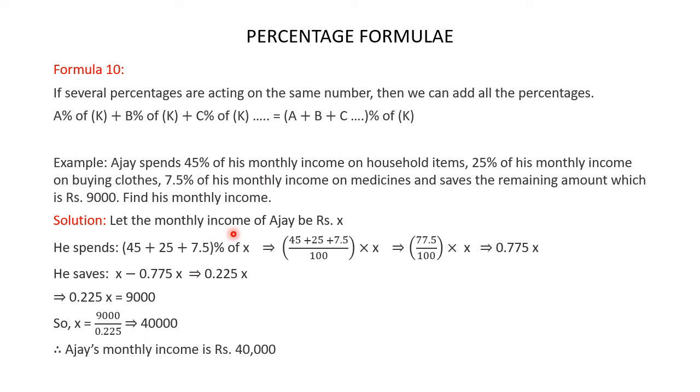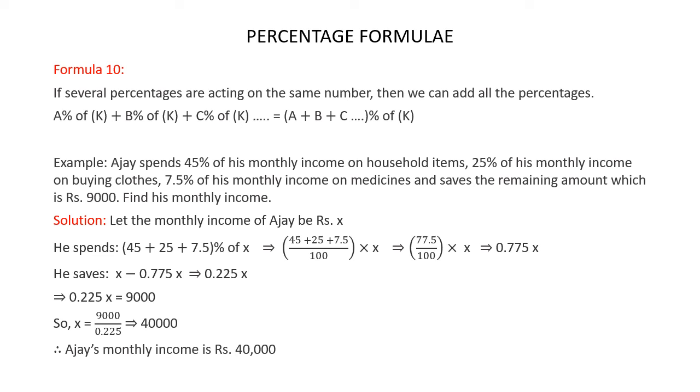So now we have to find Ajay's monthly income. Let the monthly income of Ajay be rupees X. Now he spends 45% of X on household items, 25% of X on clothes, and 7.5% of X on medicines.